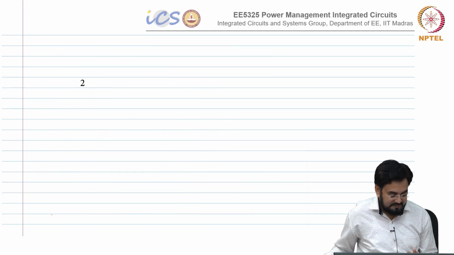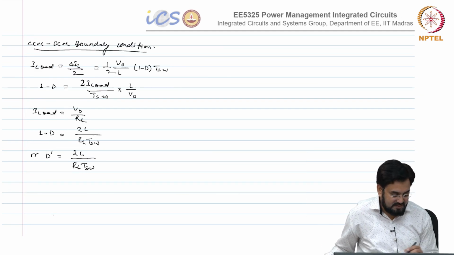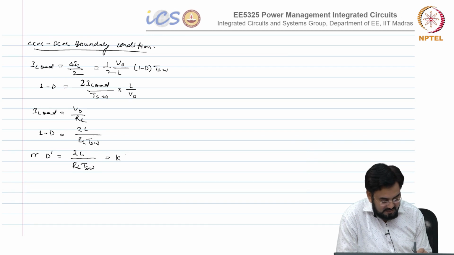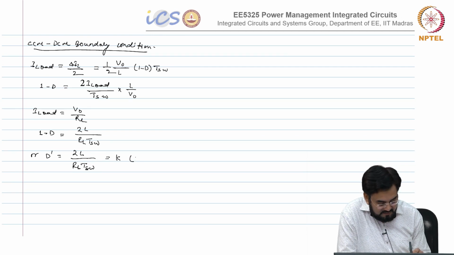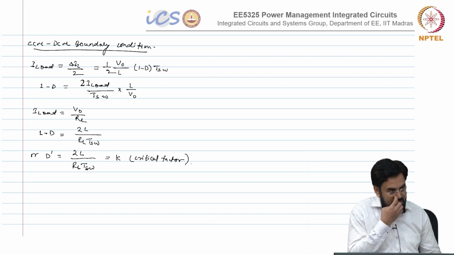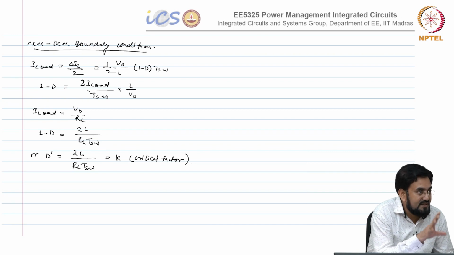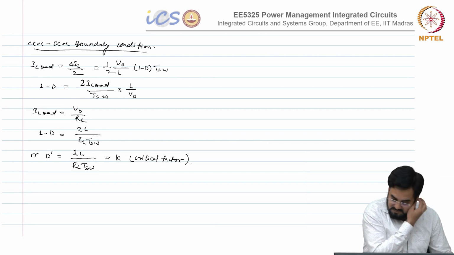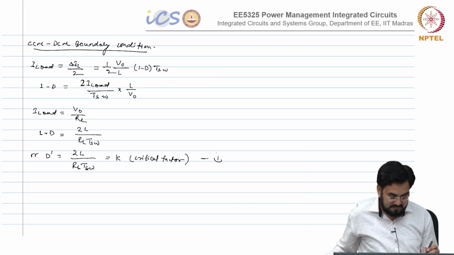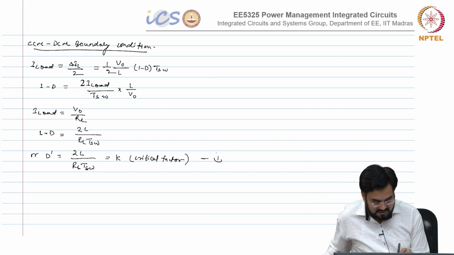Okay. So, this is your boundary condition, and we will call it K, which is critical factor, let us say, and this is fixed based on your inductor, your switching frequency and your load current. So, we will use this equation later.